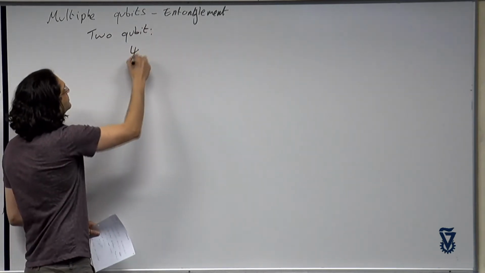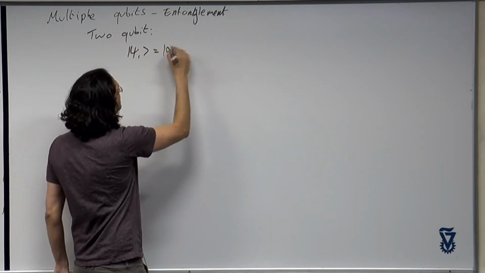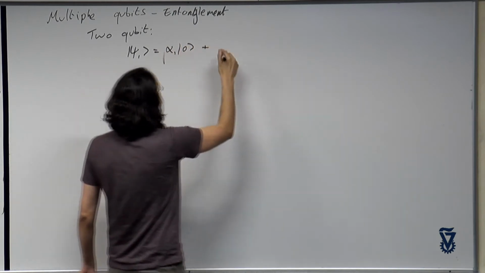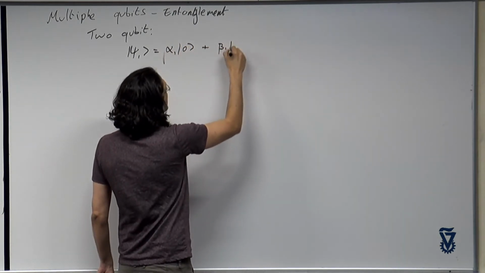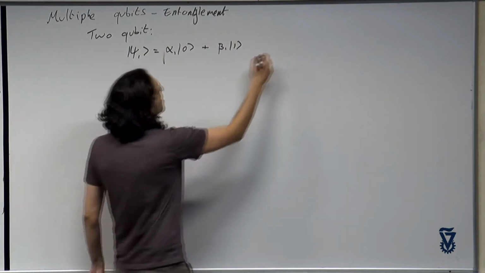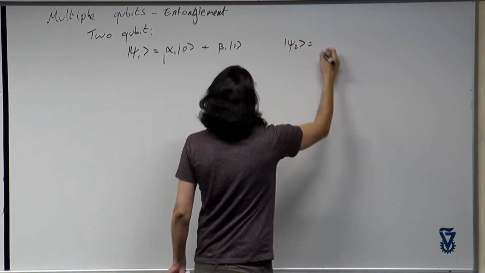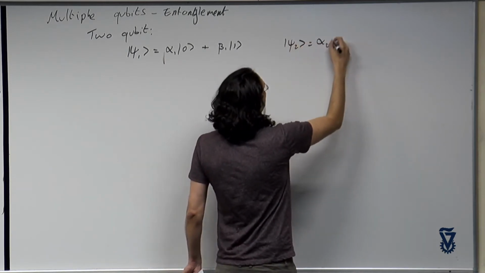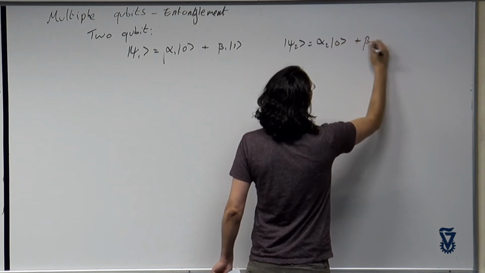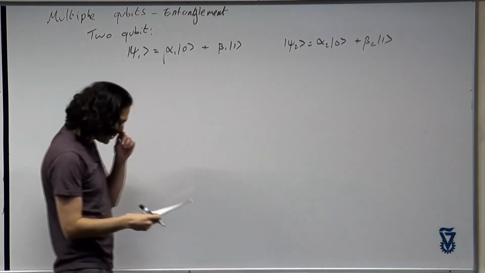Qubit 1 is going to be psi 1, which is alpha 1 0 plus beta 1 1. And the second qubit is going to be alpha 2 0 plus beta 2 1. Okay, so this is our 2 qubits.